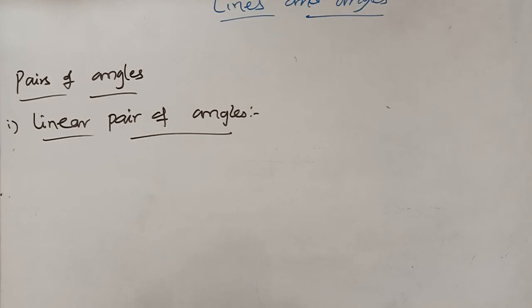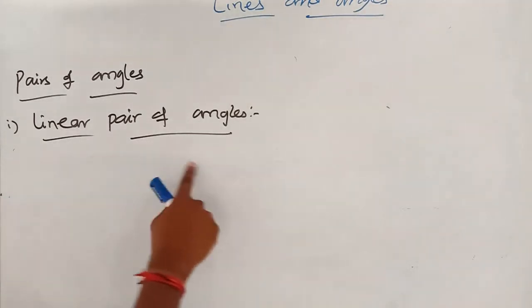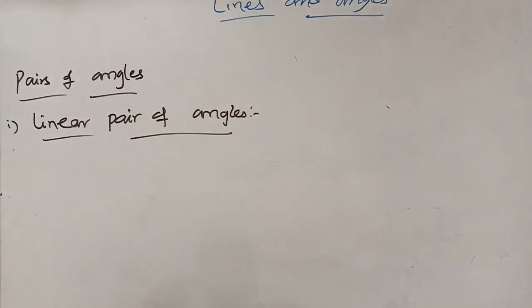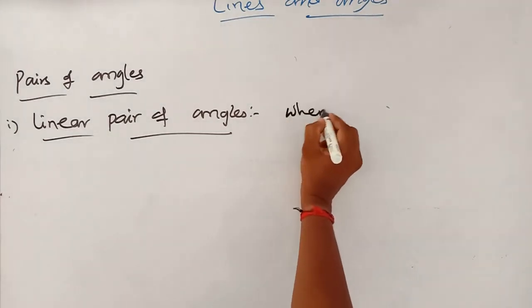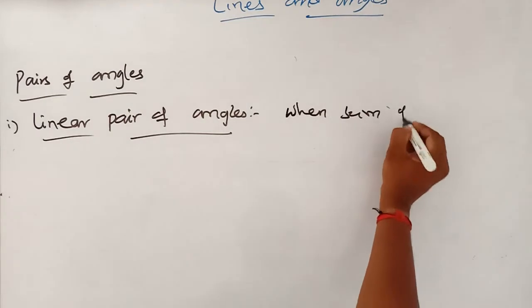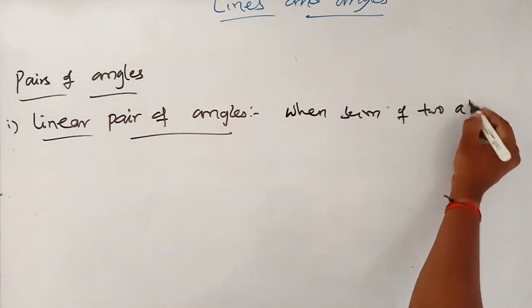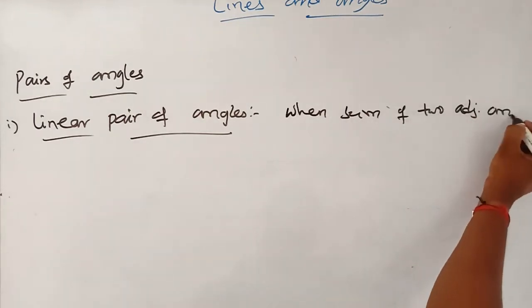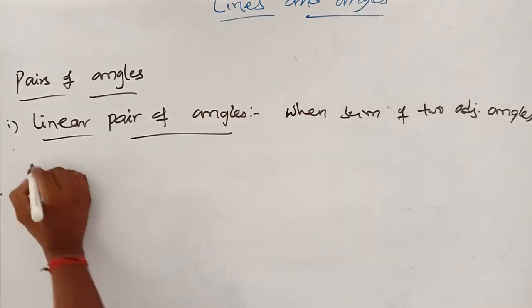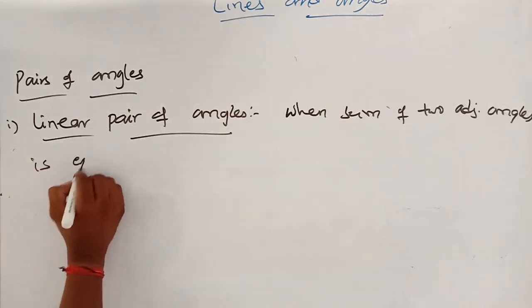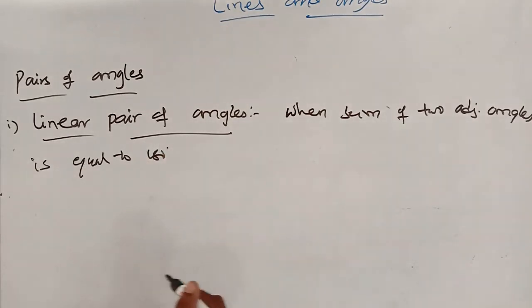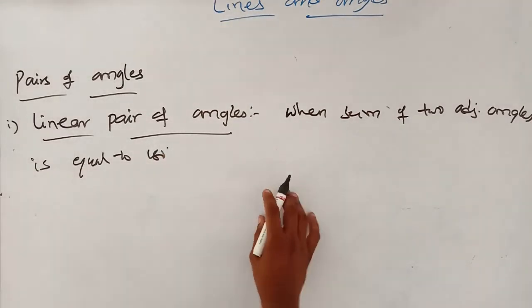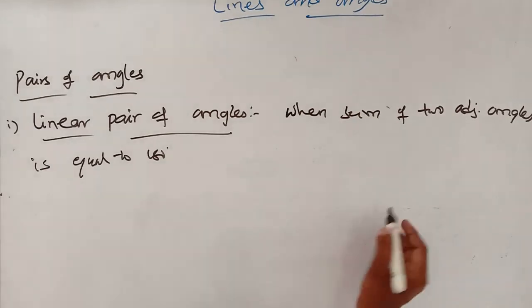Children, the next topic is pairs of angles. In that, the first one is linear pair of angles. When the sum of two adjacent angles is equal to 180 degrees, then they are called linear pair of angles.